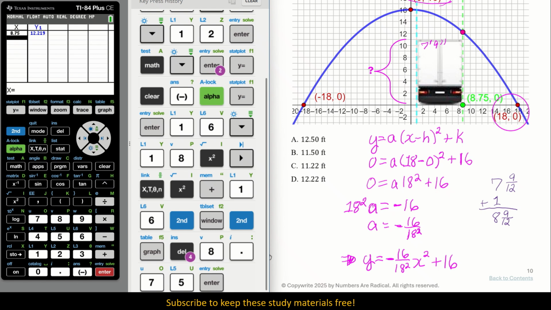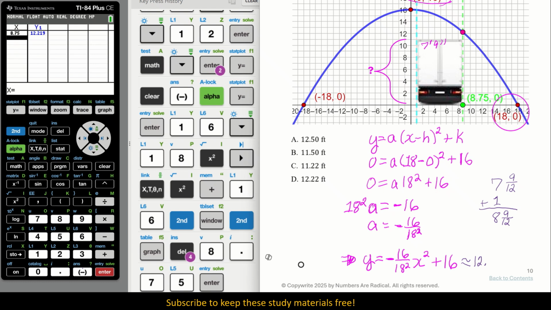Let's make sure that we're answering the question. The question asks, what is the maximum height of a truck passing through the tunnel? So there is no way that that is the value that we need. This is approximately 12.19.